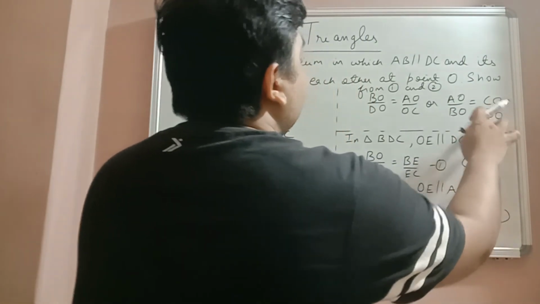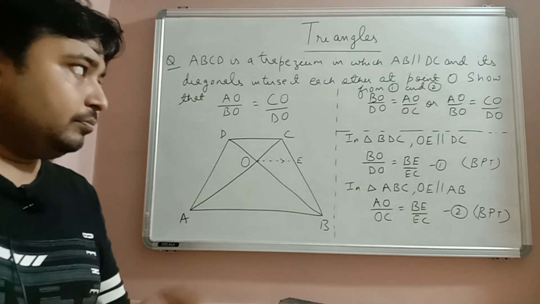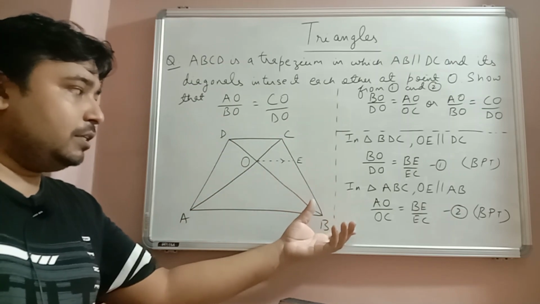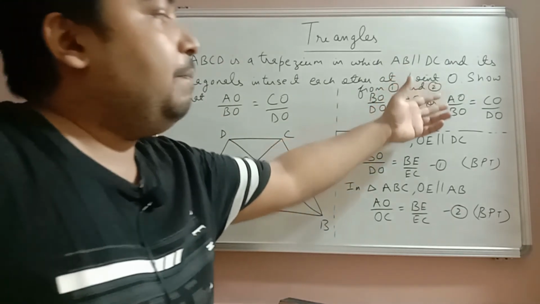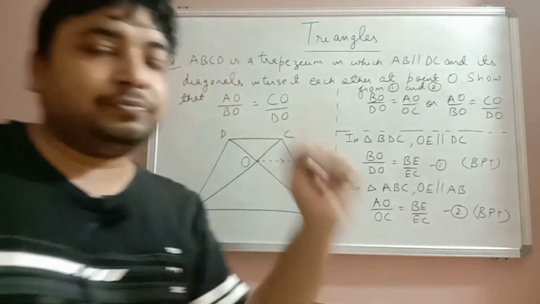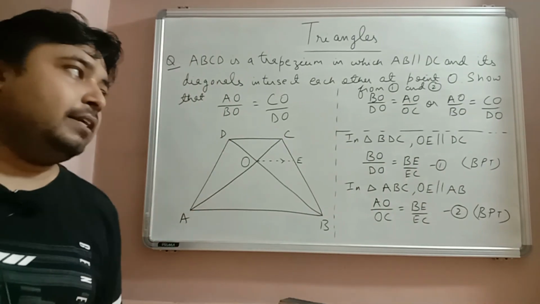So that is the same result which we need to prove. This is how we can prove this question, and we can show that AO upon BO is equal to CO upon DO. I hope this is clear to everyone.